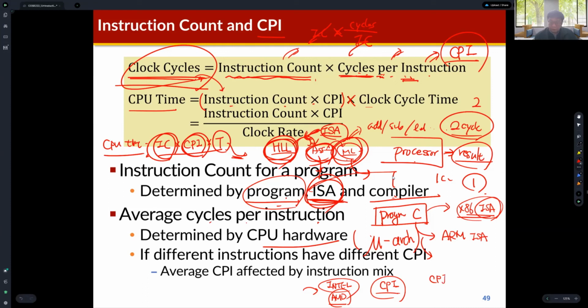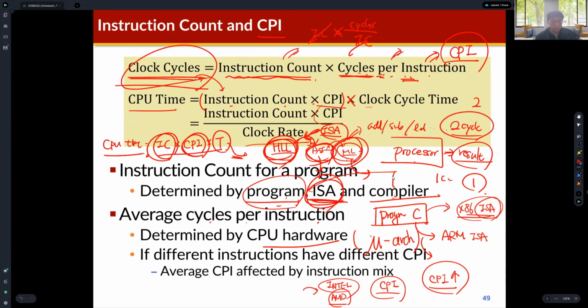If the CPI is high, that means that for executing a single instruction, more clocks are taken. So the performance can be low, because the overall performance is determined by CPI and clock rate. But even though the binary code, that means the application, the instruction count, is the same, the CPI can be different.